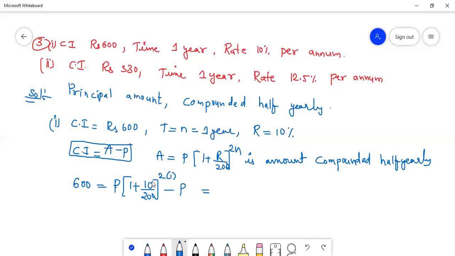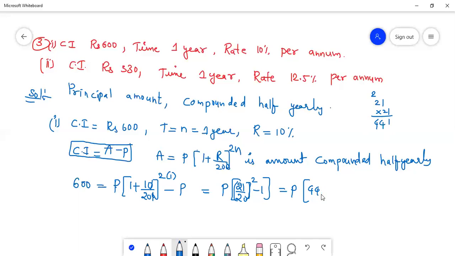In this, the 10 cancels, and the principal amount is taken common. Here, 1 plus 1 by 20; taking the LCM, 1 into 20, 20 plus 1, 21 by 20 whole square, minus 1, is equal to principal amount into 21 into 21: 21 ones are 21, 2 is the carry, 21 twos are 42 plus 2, 441.